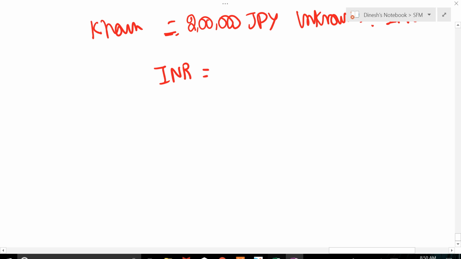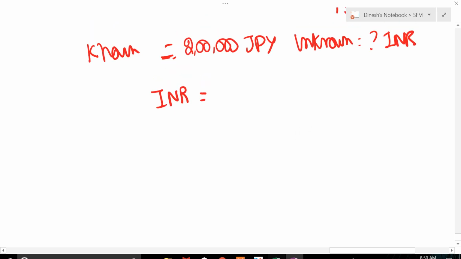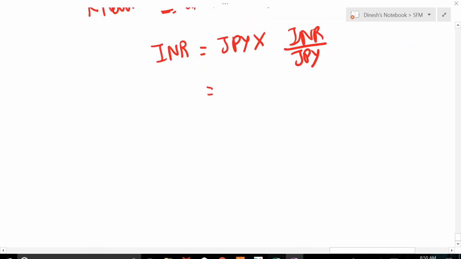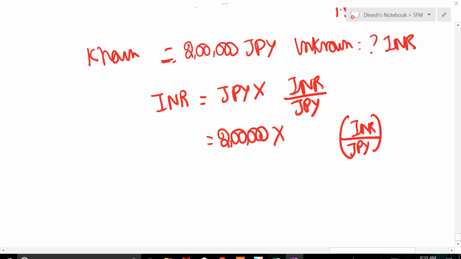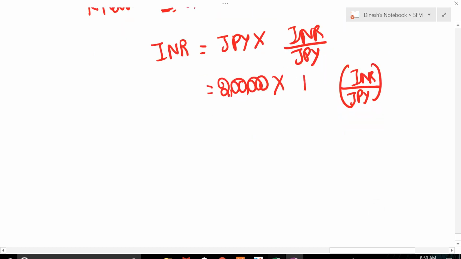INR equal to JPY into INR per JPY. I am going to sell Japanese yen. Bank is going to buy Japanese yen. Bank is going to buy at bid rate.